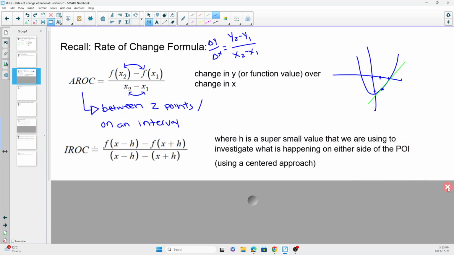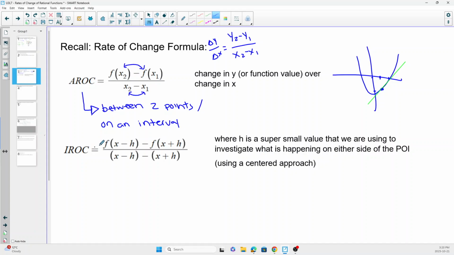And then this is our formula for estimating, and we are always estimating in this class because we haven't learned the methods that you would learn in a calculus course to actually calculate the instantaneous rate of change. But when we're talking about estimating the instantaneous rate of change, instead of between 2 points, we are trying to estimate at exactly 1 point. So at a specific point. So if it was this same curve here and we were saying, well, what do you estimate the rate of change to be when x is -2, for example?